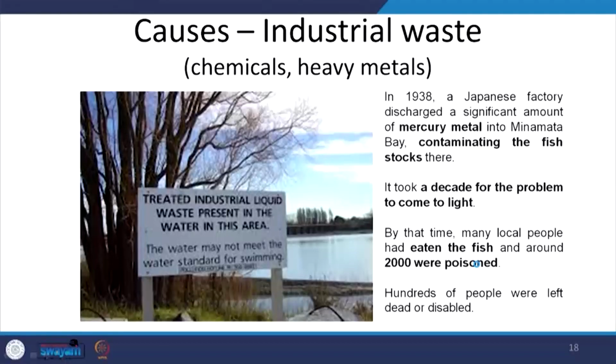There are several such examples and instances of this pollution entering into the human food chain and affecting human life from across the world. For example, this event of 1938, where a Japanese factory discharged a significant amount of mercury into Minamata Bay, which contaminated the fish stock there.